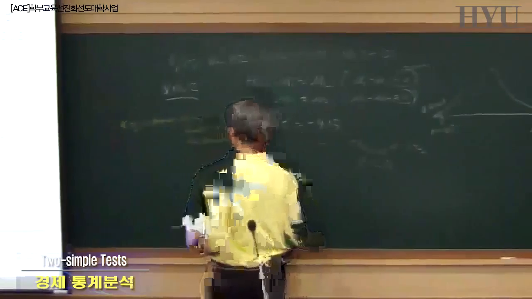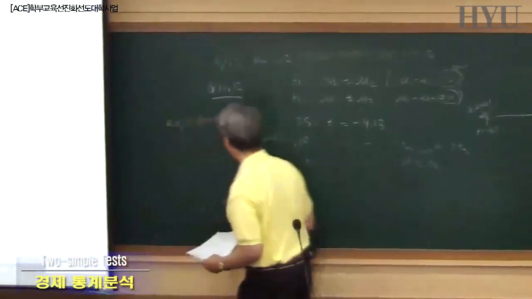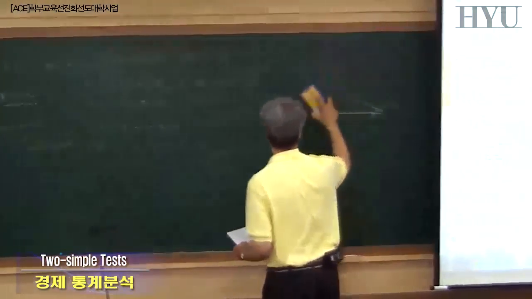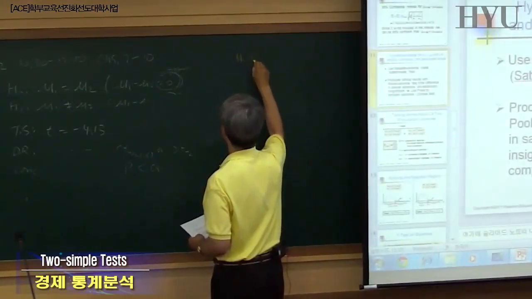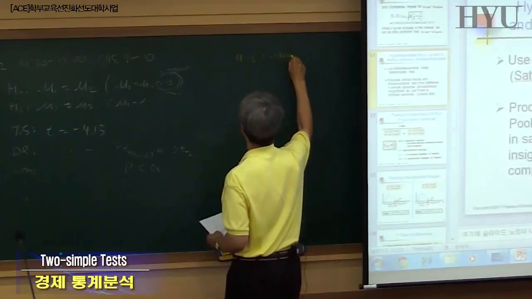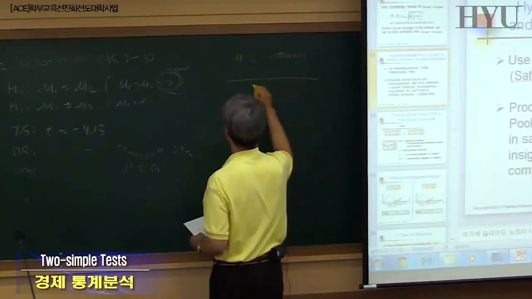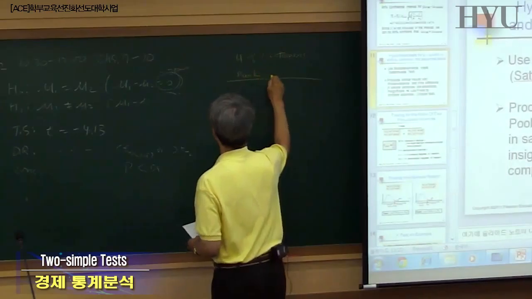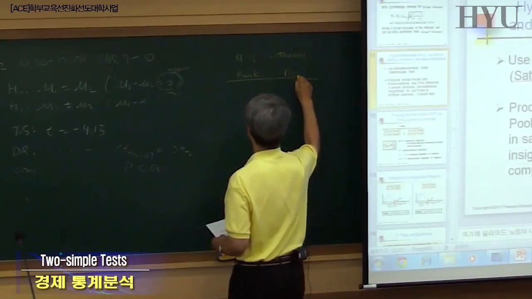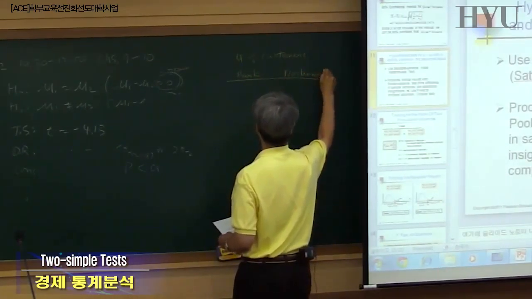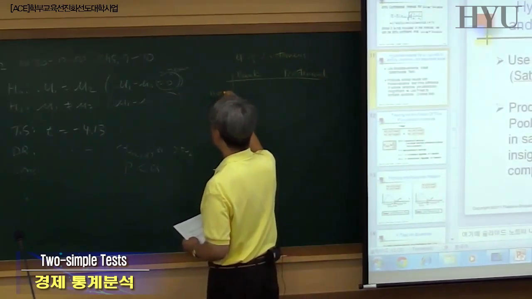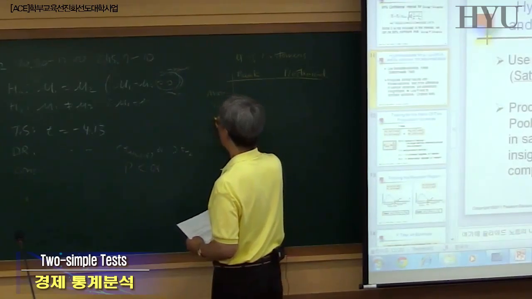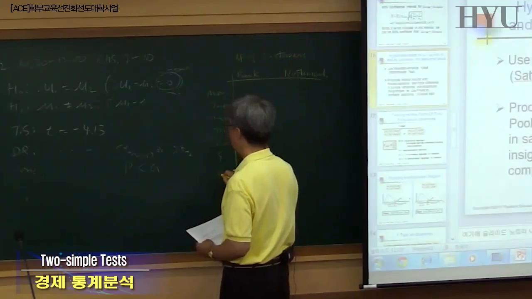You have collected some data, the number of customers for bank and restaurants, for Monday, Tuesday, Wednesday, Thursday, Friday, Saturday, Sunday.